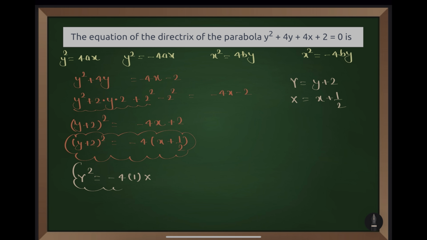Okay, so this question belongs to this type. You know that it is a left side opening parabola, and the vertex is 0 comma 0, and the focus is minus a comma 0, correct?